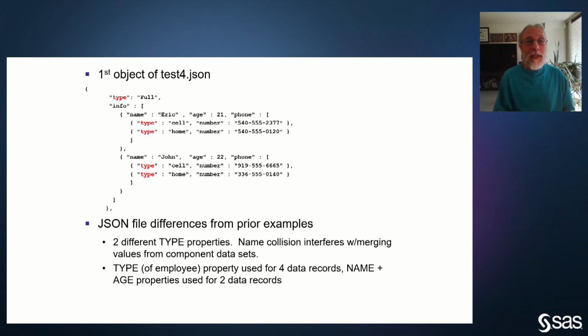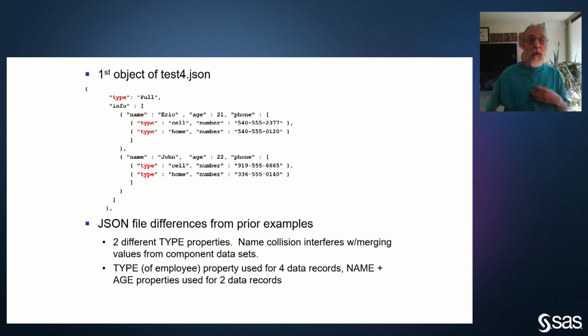And you could imagine that a variable that does two different things in a SAS data set wouldn't work very well. So clearly, if we tried to just do the kind of merging we're doing, this kind of name collision would cause trouble. The second thing is that you'll notice that the type of employee, at the very top there, is really used for 4 records in the ultimate data set.